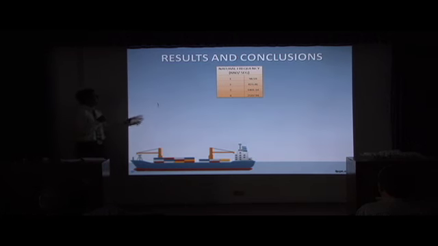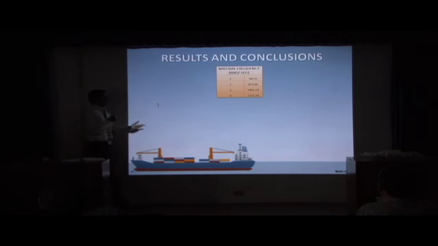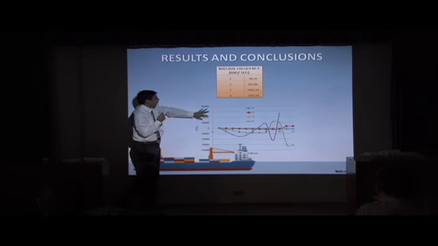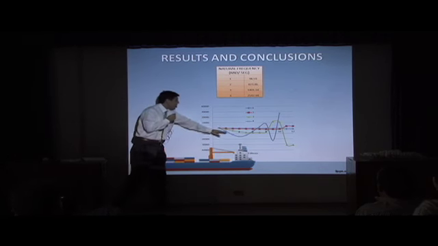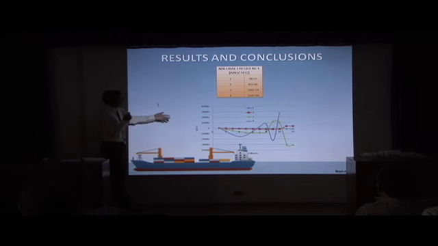In this table we have the 4 frequencies. The objective was to calculate the first 4 frequencies. In this picture we have the modal shape. On this X axis we have the number of the disks, and here the amplitude of the disk, the amplitude of the vibration.